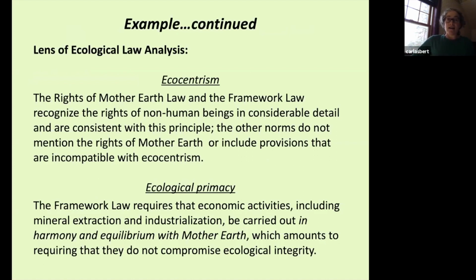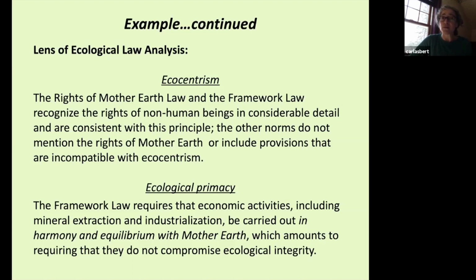Once I had narrowed down the norms that I wanted to look at, I did the lens of ecological law analysis, and I'm just going to point to a few of the things that I found. Under ecocentrism, it was very obvious that both the rights of Mother Earth law and the framework law recognize rights of non-human beings, and they do it in a lot of detail.